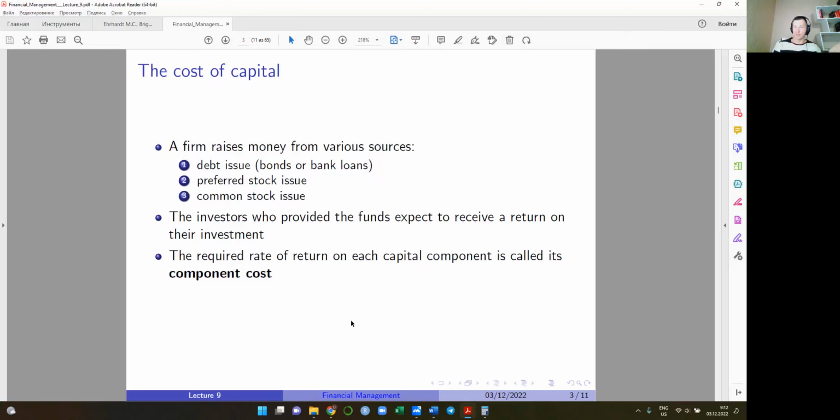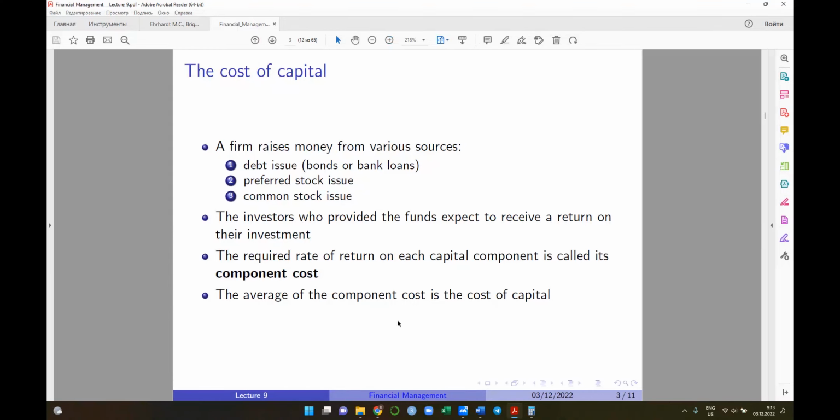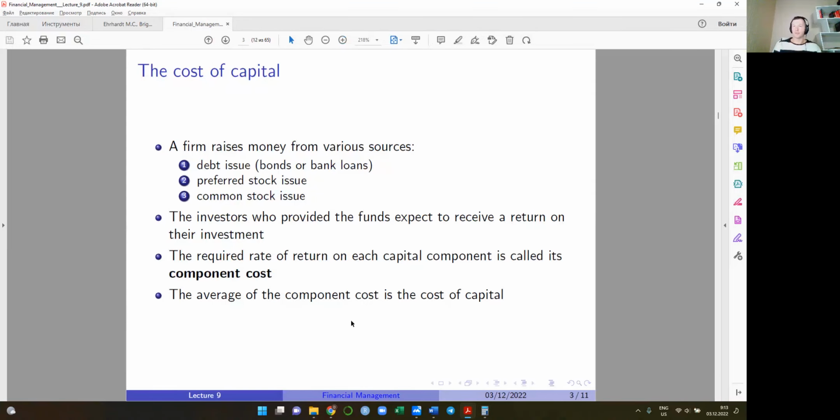I hope everyone understands what we are talking about. And then if a firm uses several sources, the average of the component costs is the cost of capital. So that's the logic. How do we compute the cost of capital?